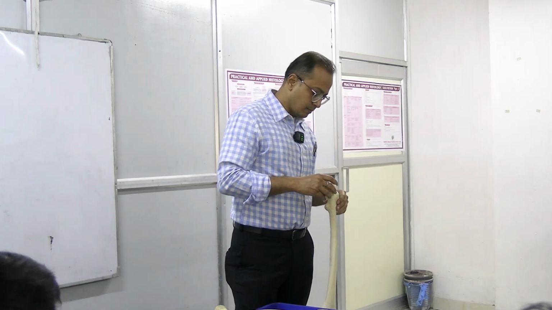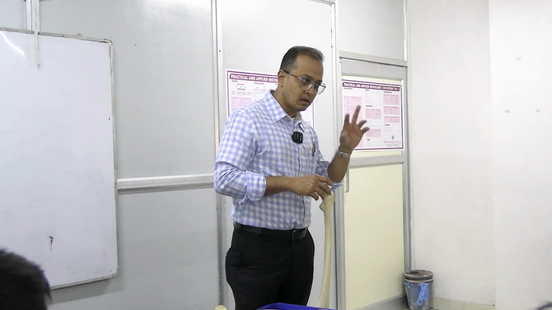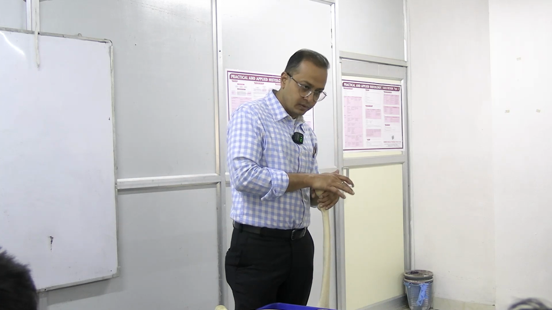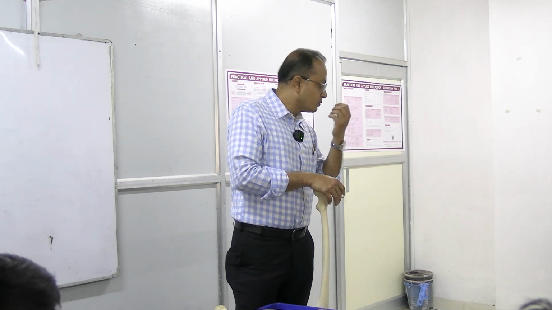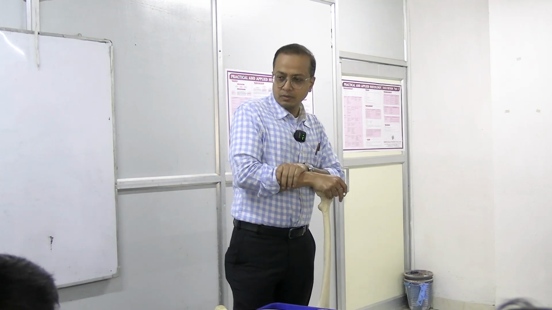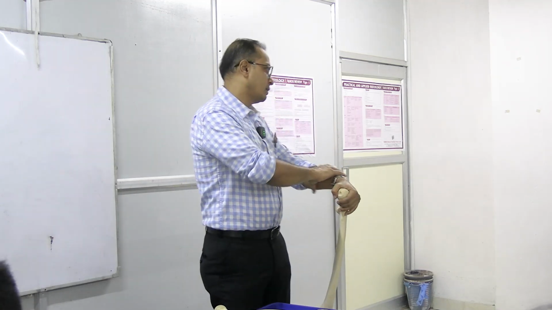Good, fine. Then we have the shaft. The shaft has three parts: upper, middle and lower. The middle part has a feature posteriorly, the linea aspera. What is the linea aspera? It is the posterior border. This posterior border is prominent, and it has lips. We call these lips the medial lip and the lateral lip.